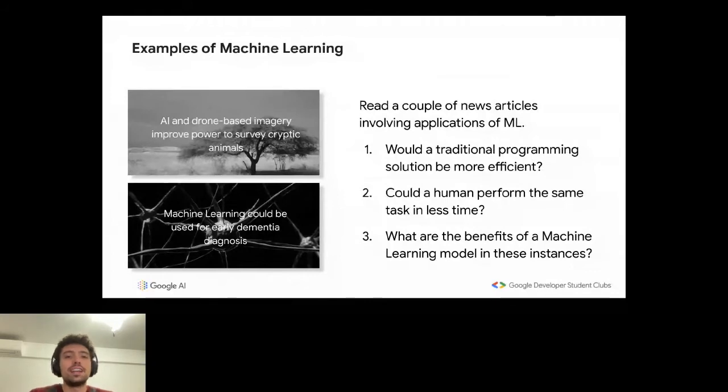Or are there any other real world use cases that you want to put down in the chat, where machine learning is solving really hard and complex problems? And also the question is, could a human actually perform the same tasks in less time, or do we actually need a machine to do that?